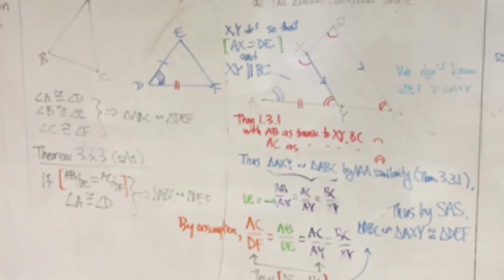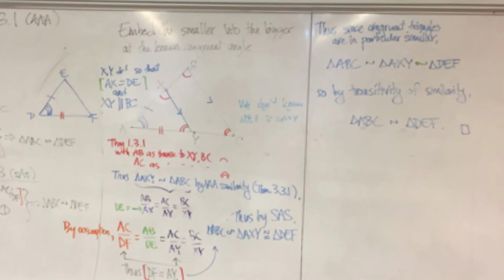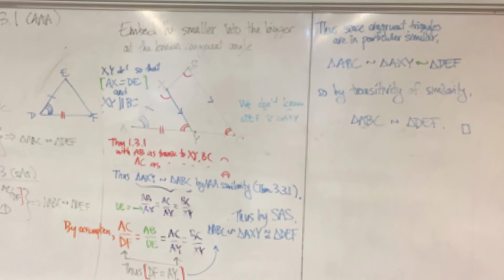That's just a step of logic wherein we remind ourselves that a pair of congruent triangles, such as AXY and DEF, are in particular also similar triangles. And because similarity is a transitive relation, if one triangle is similar to another, which is similar to another, then the first one is similar to the last one. And so we get the similarity of ABC to DEF.